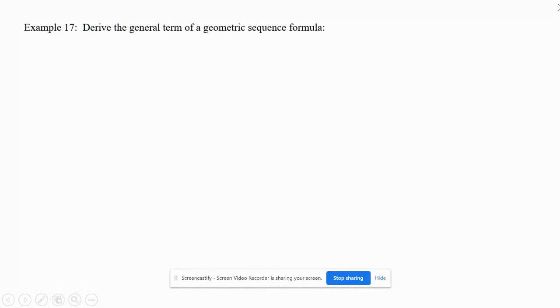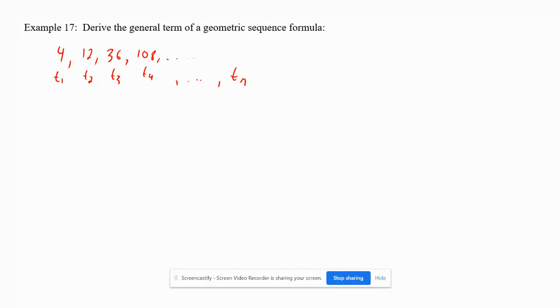Now, we want to be able to derive the general term for the geometric sequence. I'm going to give you an example, and I'll show you how we generalize this. Let's say our sequence is 4, 12, 36, 108. That means this would be T1, T2, T3, T4, and I want to figure out what is Tn.